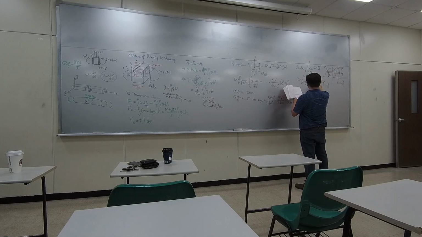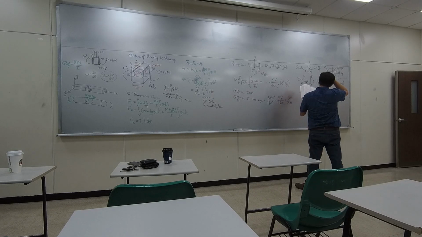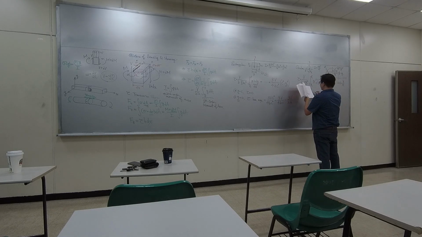I can have a 4 and a 2, so I have an 8 right here, V over b pi r to the 4th, same integral, and here I can have my y.